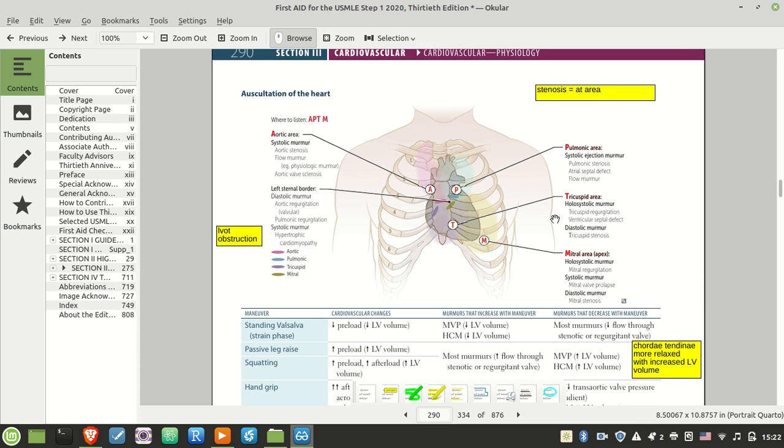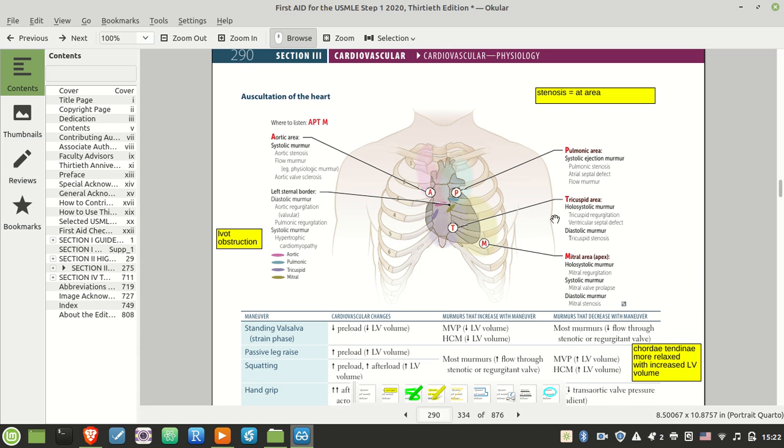The first thing you've got to quickly recognize is where you're seeing things: second intercostal space, looking at where your valves are. Everything here is labeled for a very specific reason, because you're going to get asked on the test, second intercostal, and you'll have to know, oh, that's the aortic area.